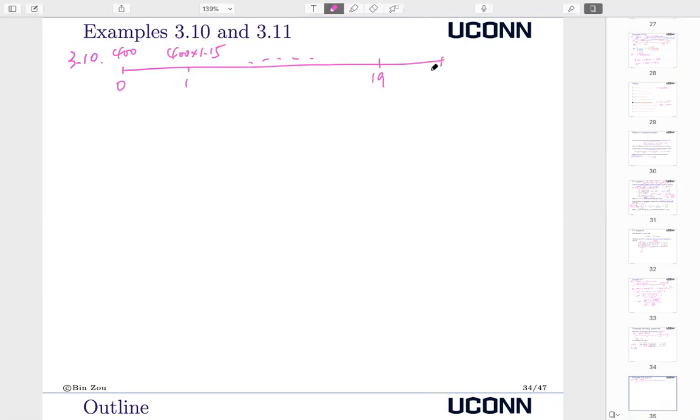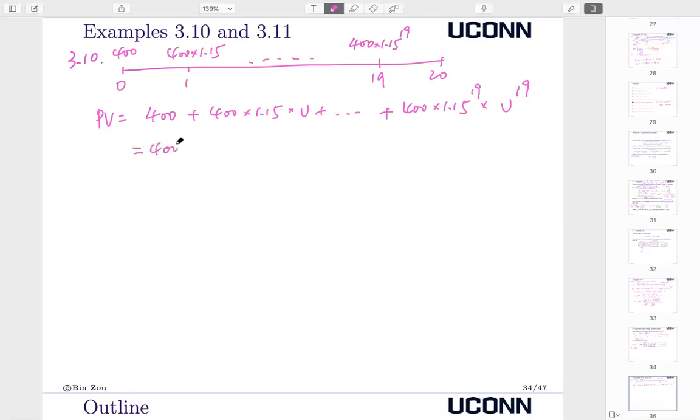Okay, the payment lasts for the next 20 years, which means the last payment is at time 19, so to the power of 19. We want to know the present value. So this is 400, write it down, plus 400 times 1.15 times v, and so on, all the way to the last one, where we discount by 19.